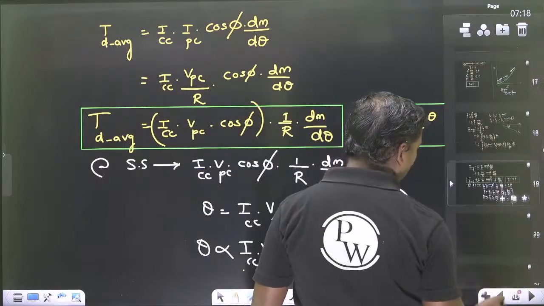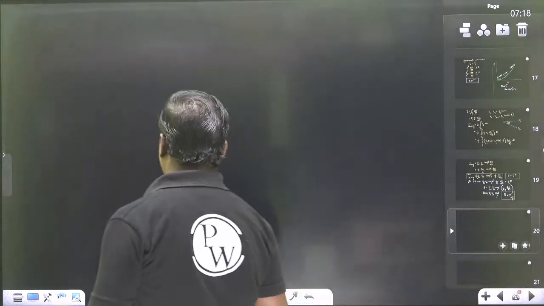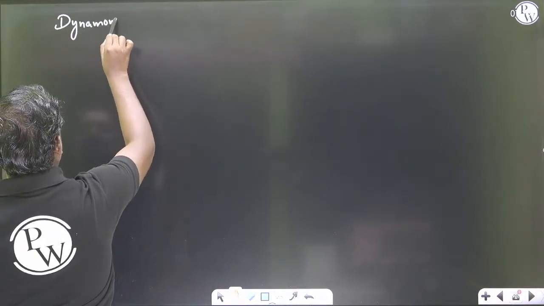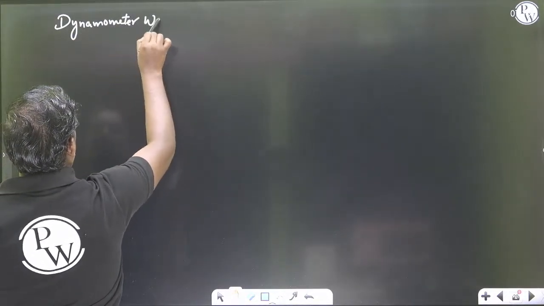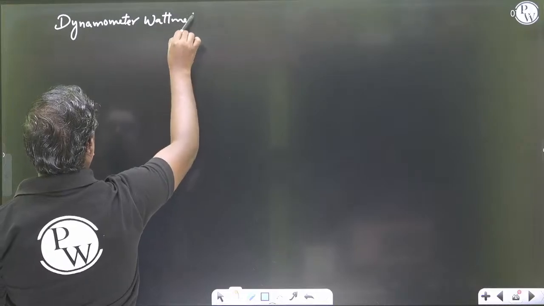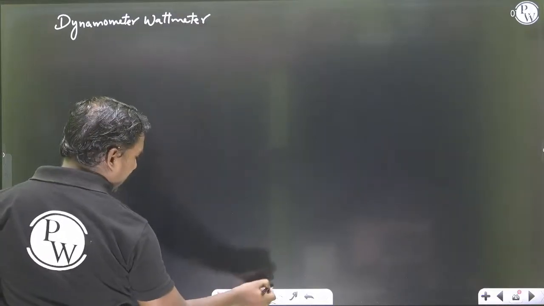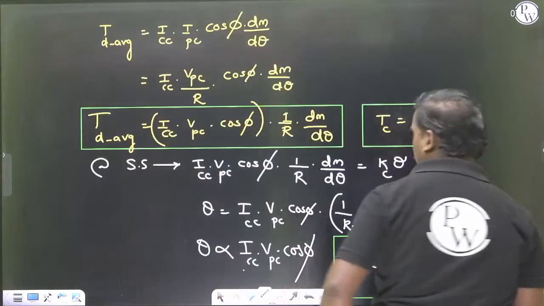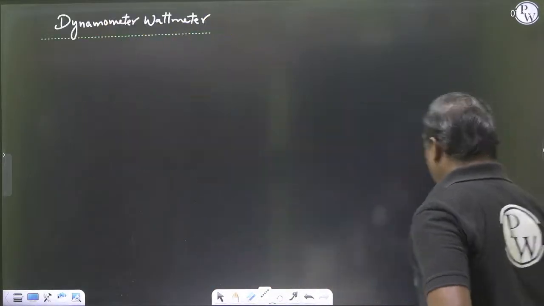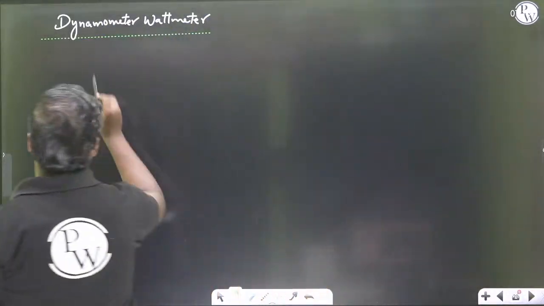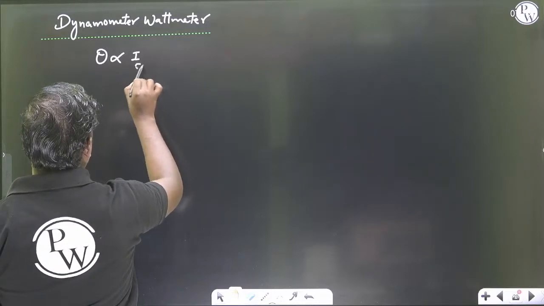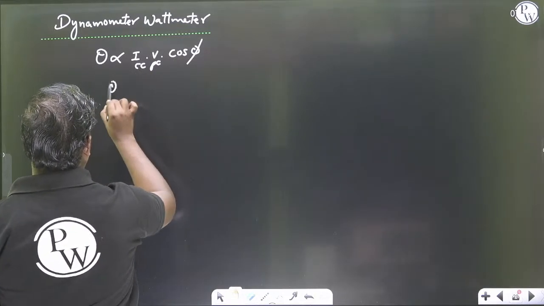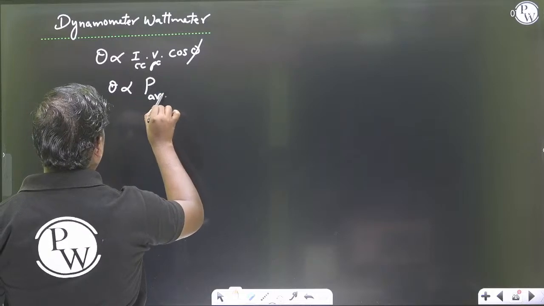If you take the scale, dynamometer ammeter and voltmeter are non-uniform, but for the dynamometer wattmeter, theta is proportional to I_CC V_PC cos phi, which is proportional to the average power.